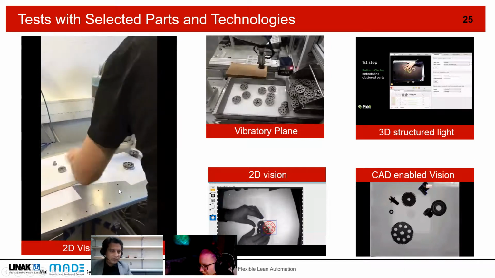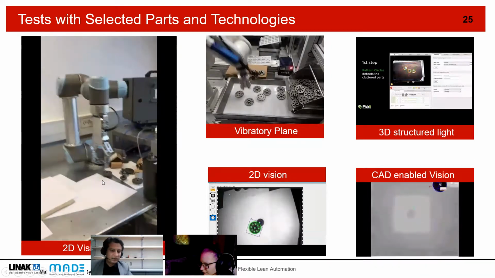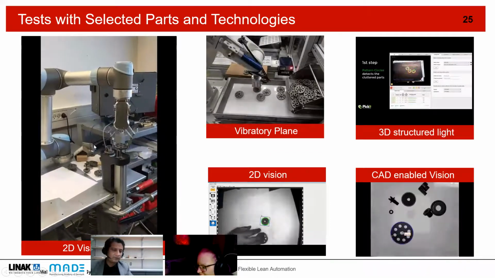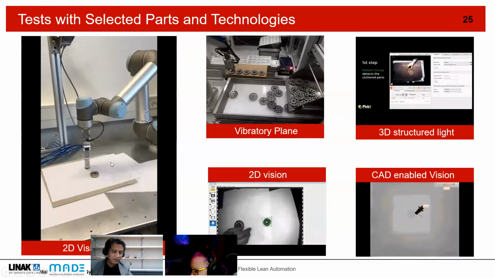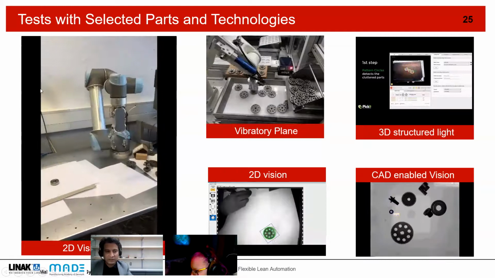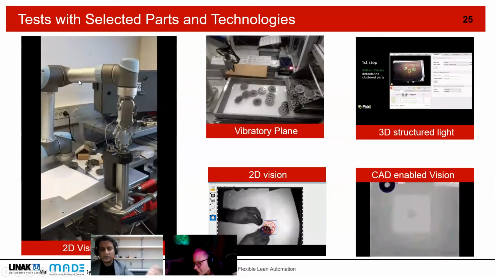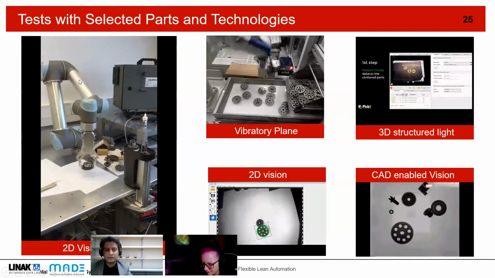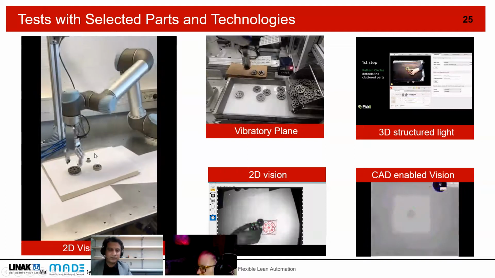The operator has randomly placed them, and the robot will know where. It knows that first it needs to pick that component, that wheel, and it got the information because there is this camera on top of it, and the camera communicated where this component is placed, and then the robot picked that component.